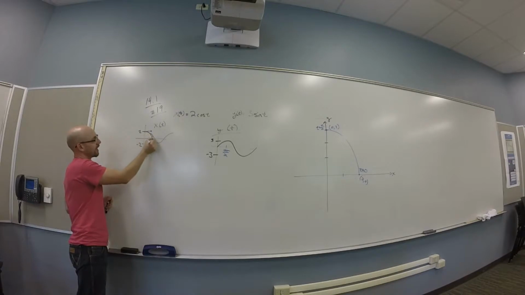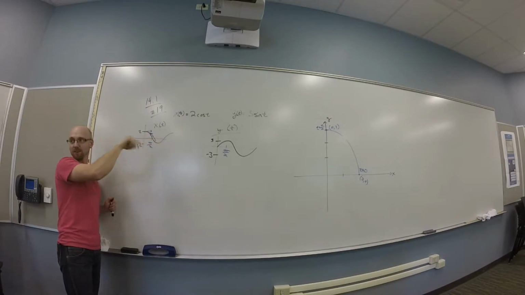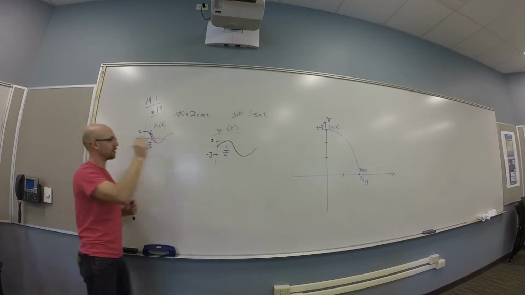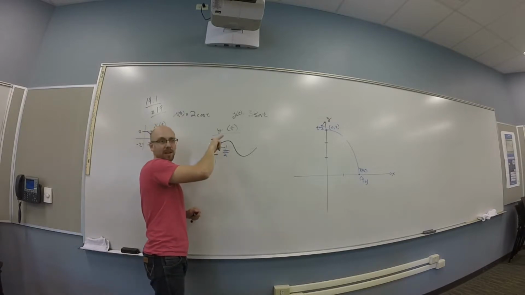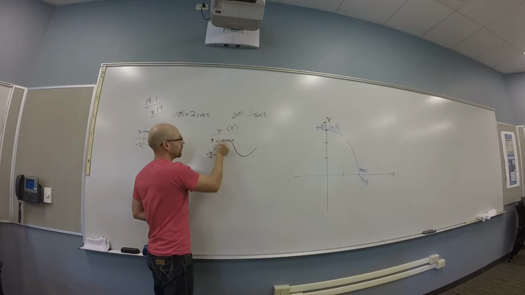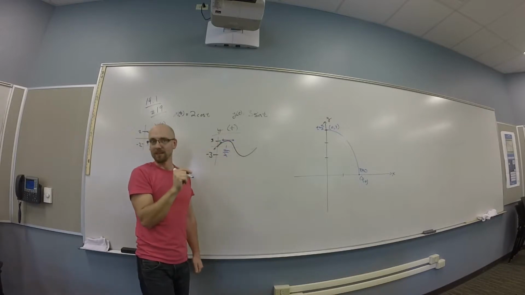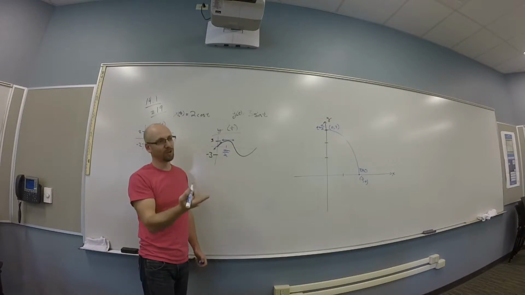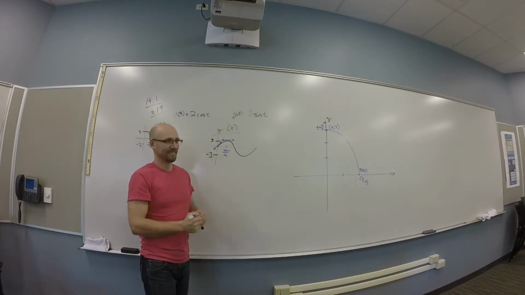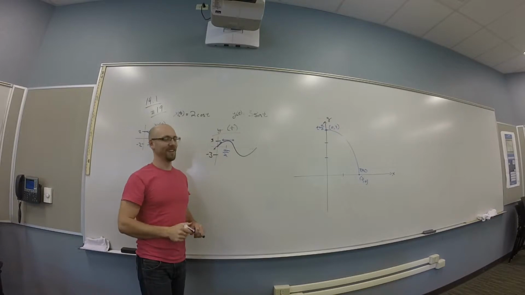Down in here, x is changing pretty fast. Over here, the y is changing pretty quick at the beginning, and then really slow at the end. They're not proportional, because proportional is lines, but they're inversely related.